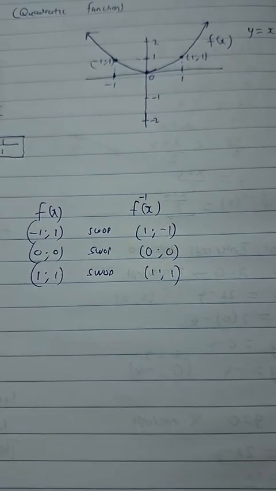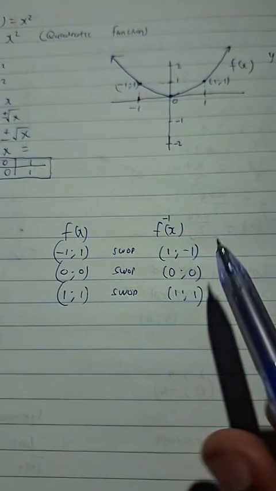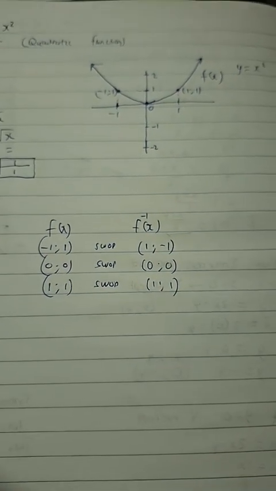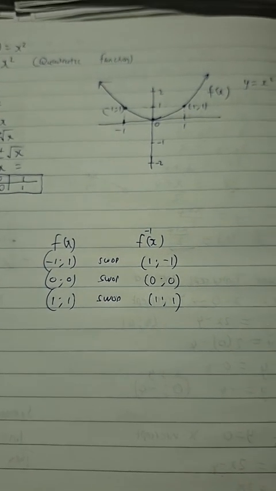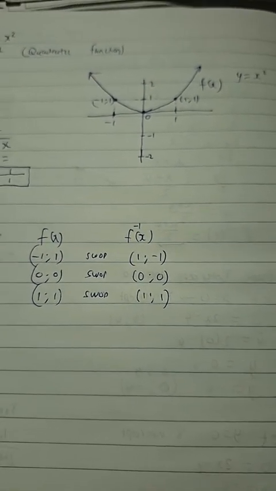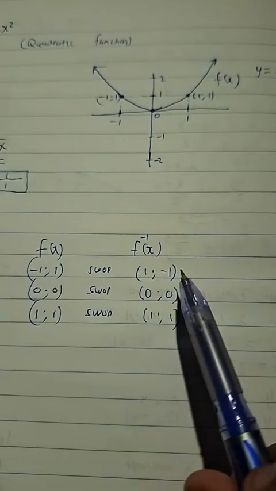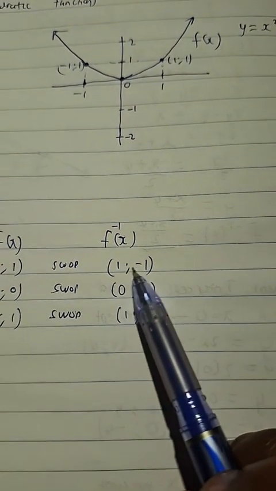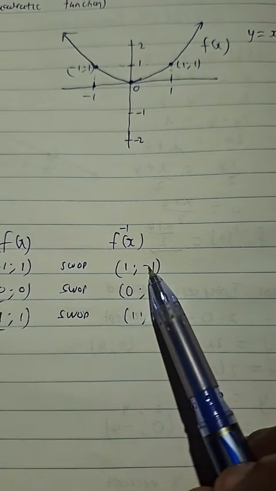Swapped that around. So then the inverse of the function I want to sketch on the same set of axes so that you guys can see the inverse of the function sketched there as well. So this is what we are going to do. We are going to go to the same Cartesian plane and locate where 1 and negative 1 is.